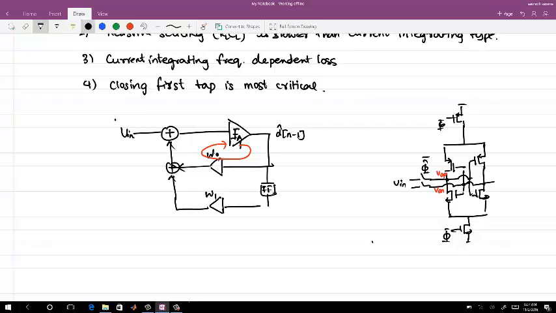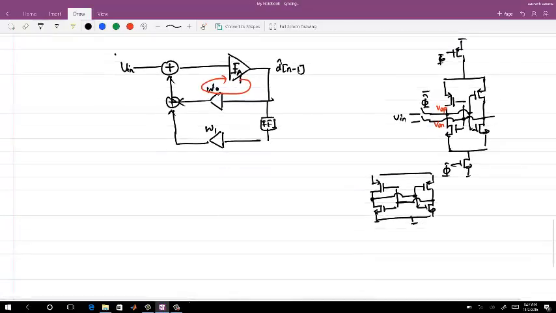So let's say you have a very bare cross coupled inverter. Let's say this is ground and this one is VDD, and this node is VOP and this node is VON. Okay. So let me just start.